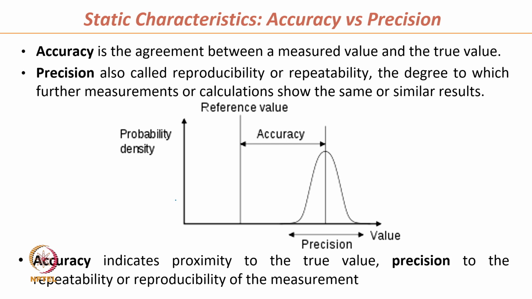In a graph, if we plot on the y axis the probability density function, and on the x axis the value, here we have the true value of output. This is the true value or the reference value.